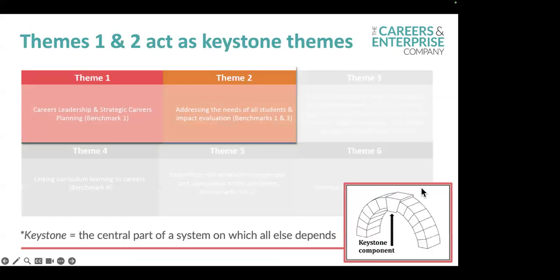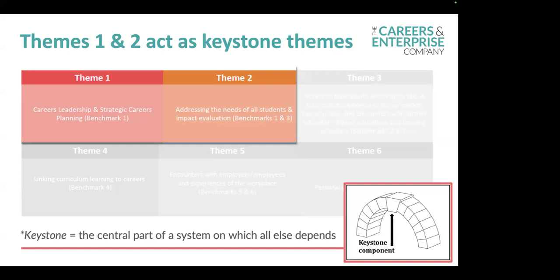Within themes 1 and 2, we feel that these are what we call the big hitters. If we strive to achieve high scores and high levels of maturity in themes 1 and 2, hopefully these are the areas with the highest leverage and the highest action points. We call them the keystones, like you see in that analogy in the bottom right corner there.